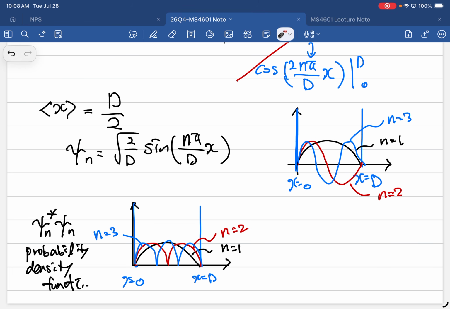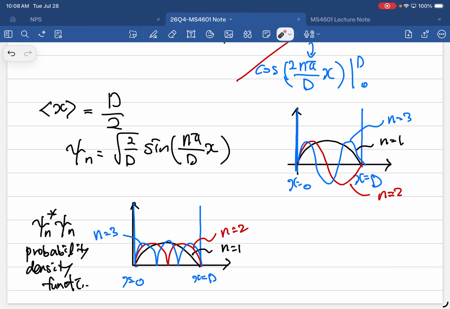Let us look at this. When n is 1, what is the average? It turns out it's symmetrical around the center point. What about when n is 2? It's also symmetrical around the center. So when you take the average of that, you can see it's going to be at the center. And then what about when n is 3?